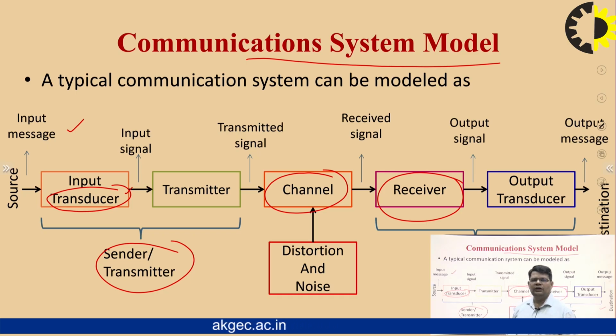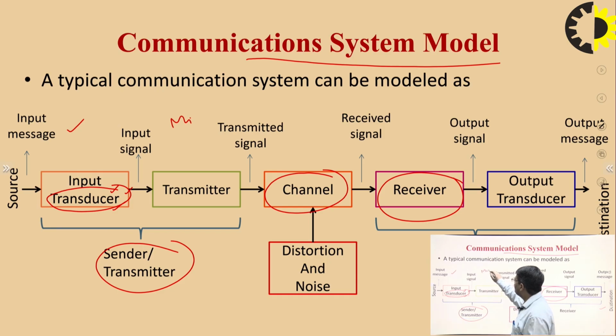For example, we can use a microphone as the input transducer in the case of sound. That is, for converting sound into electrical form, we use an input transducer, for example the microphone or mic. After that, we use the transmitter.